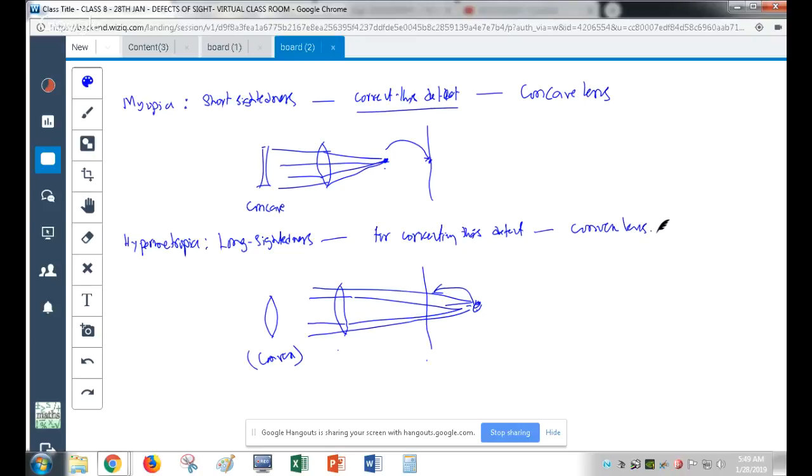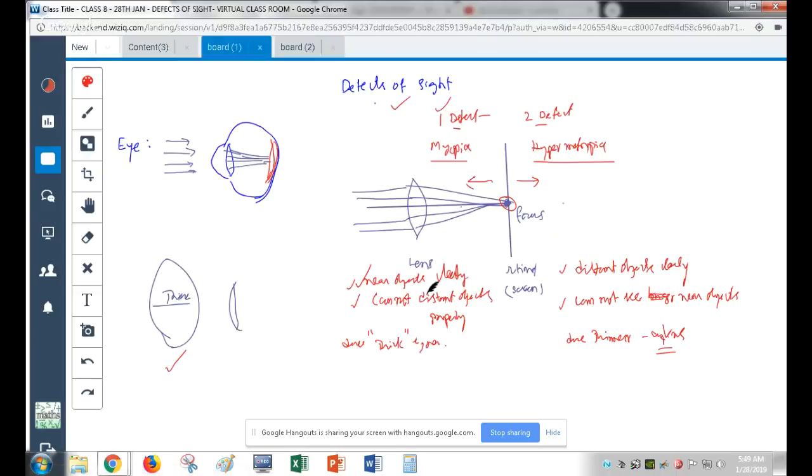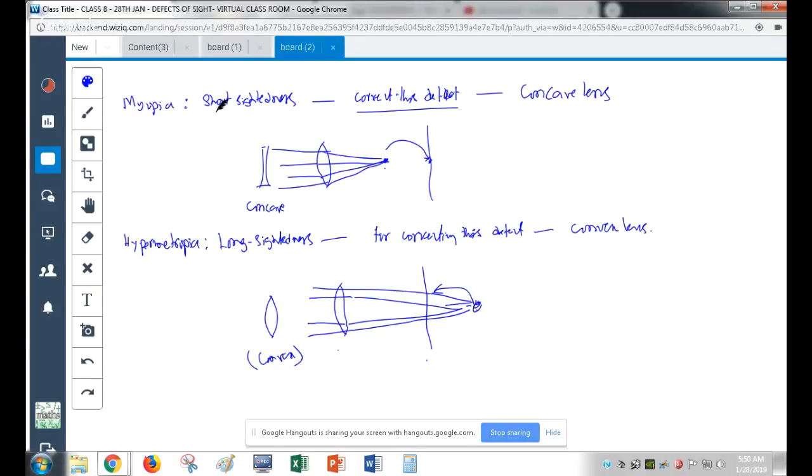Okay. So here are the questions. What is myopia? Myopia is a defect of sight. The people can see near objects clearly and cannot see distant objects clearly. So that is myopia. And how do you correct the defect? Myopia will be corrected by using a concave lens.